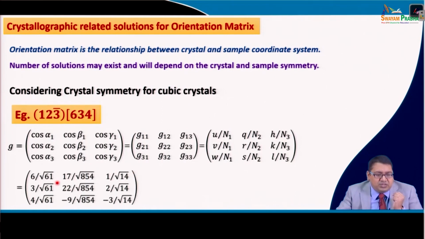Then we do the cross product of ND and RD, and we can find the value of TD, which comes out to be 17 root over 854, 22 root over 854, 9 divided by root over 854, right. So, this is the orientation matrix corresponding to the Miller indices, that is the texture (1, 2, 3 bar)[6, 3, 4], where (1, 2, 3 bar) is ND and [6, 3, 4] is RD.